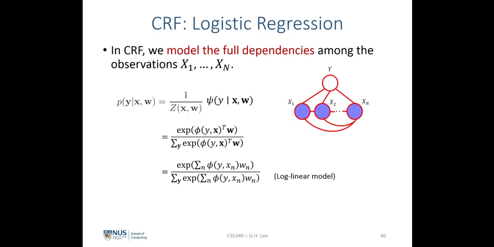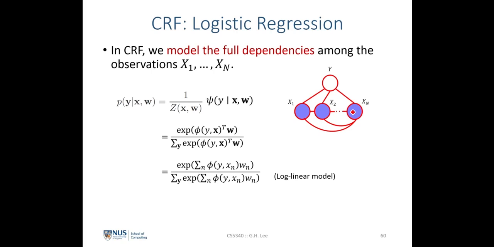So in the conditional random field, we'll model the full dependencies among all the observations x_1 to x_n. Hence, we'll end up with this particular undirected graphical model over here, where y is again linked to all the observations x_1 to x_n, but now we'll also add the edges between all the possible observations.